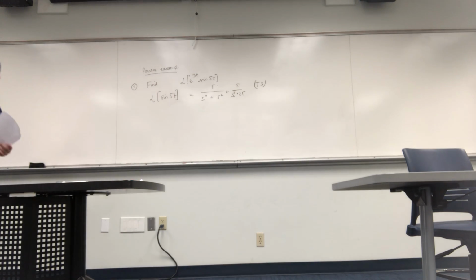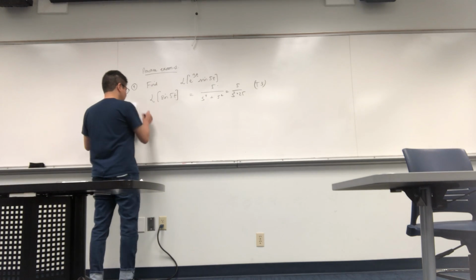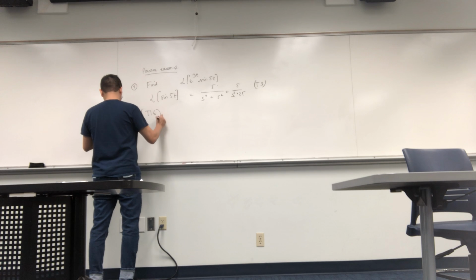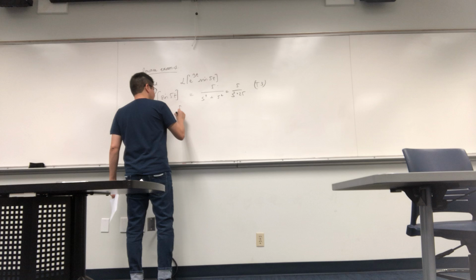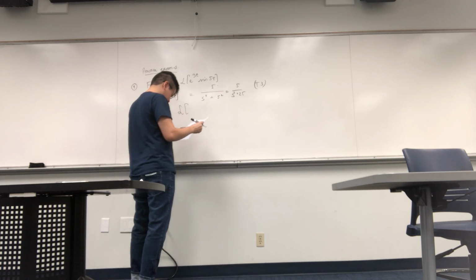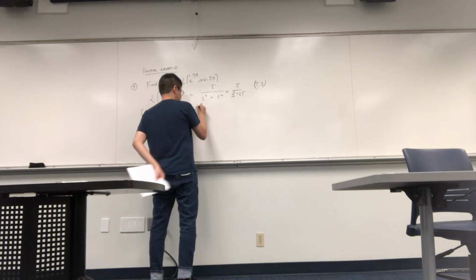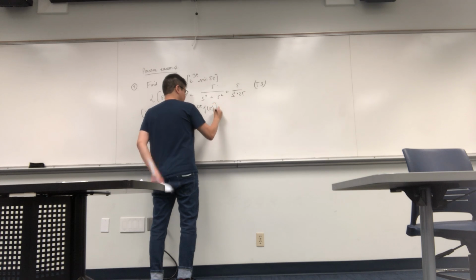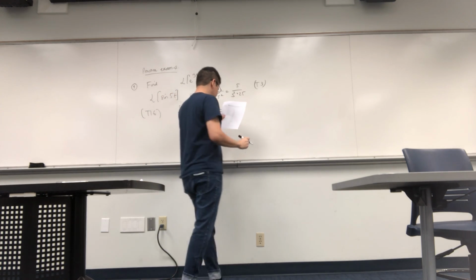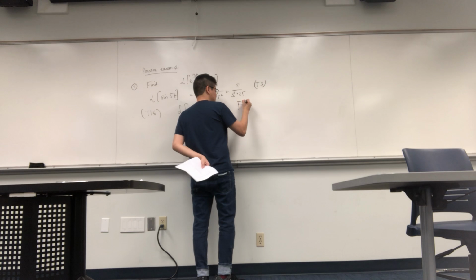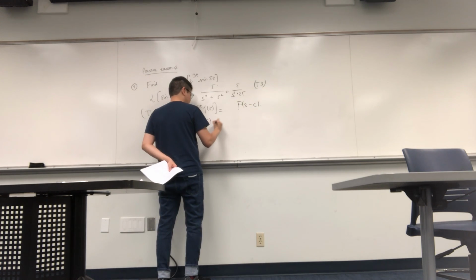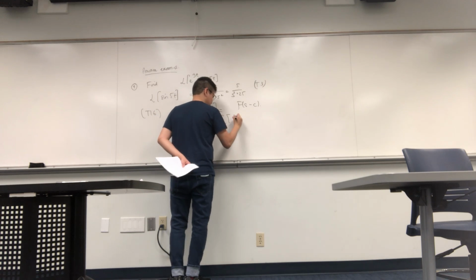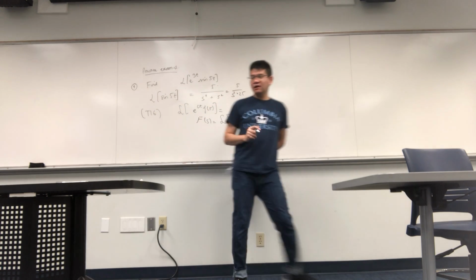And the next step is formula T16. Right? So this is the shifting theorem. If you have a Laplace transform of e to the ct f(t), then this gives you the Laplace transform shifted by c, right? So F will be the Laplace transform of f(t). All right?